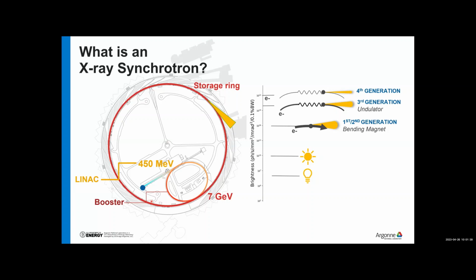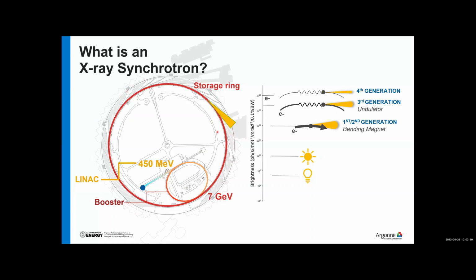And then they are injected into the storage ring where we gently wiggle them. You can see these wiggle lines here, using magnetic fields to accelerate them in a radial direction. And this gentle wiggle, the additional acceleration that the electrons gain, essentially produces X-ray light, which is actually used by experimental stations that we call beamlines around the storage ring.